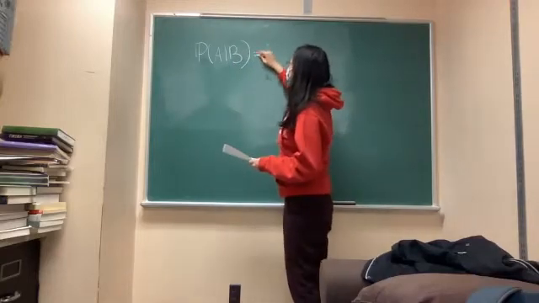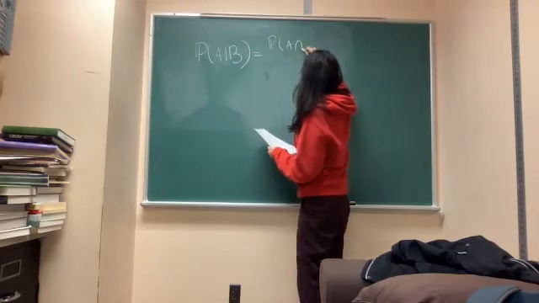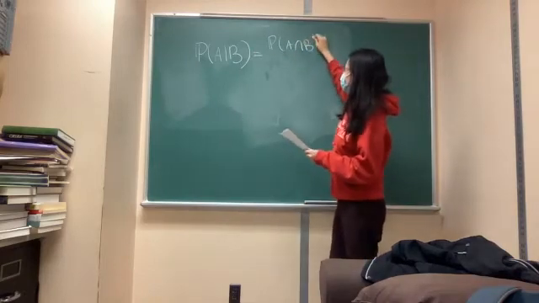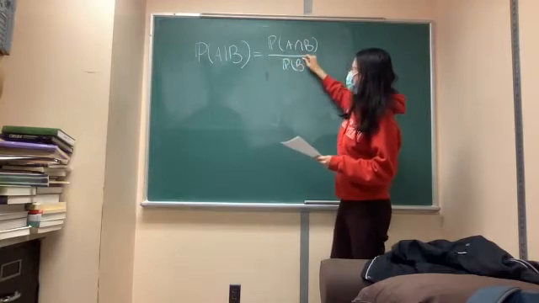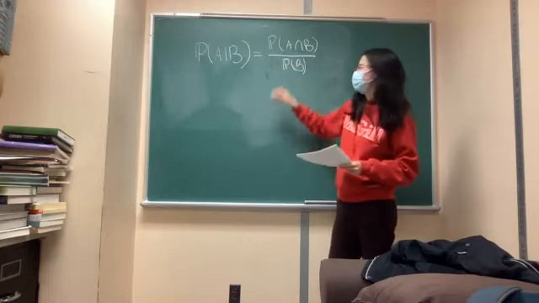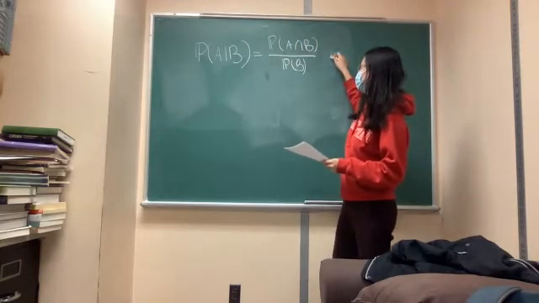The definition gives you this formula: probability of A intersection B divided by the probability of B overall. So if A always happens when B happens, then A intersection B will be exactly the probability of B, and this will equal 1.